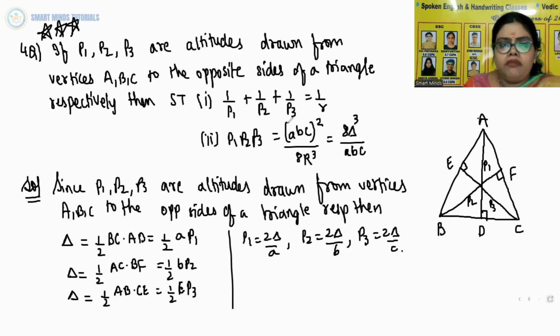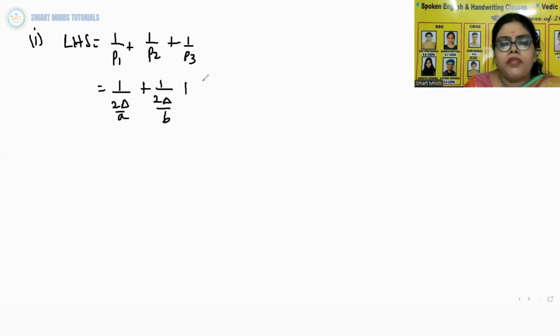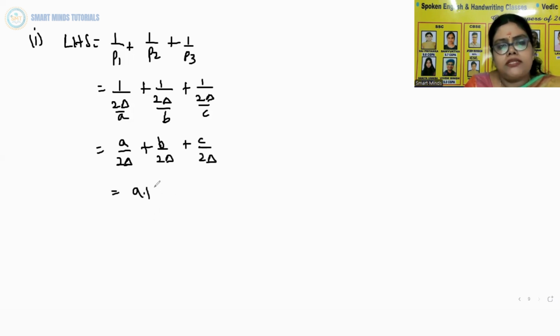So after getting P1, P2, P3 values, let us move on to the first bit. First bit: what is the LHS? 1 by P1 plus 1 by P2 plus 1 by P3. So that is a by 2 delta plus b by 2 delta plus c by 2 delta, so that is (a+b+c) by 2 delta.